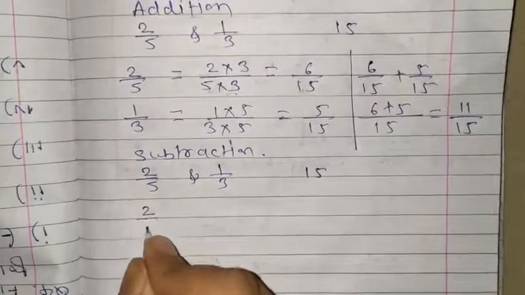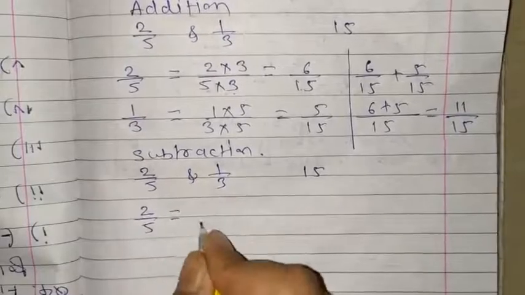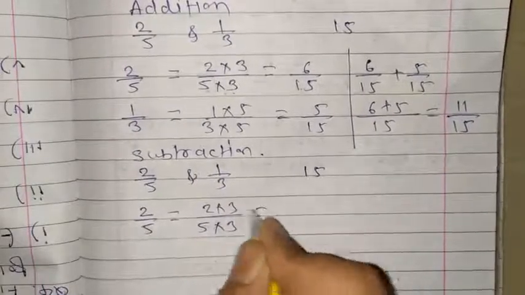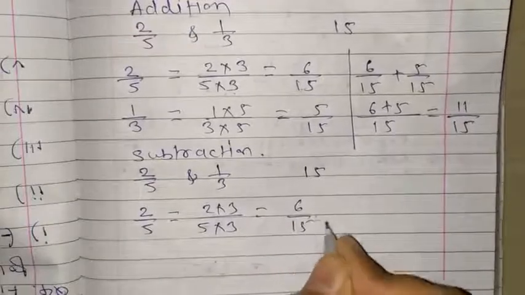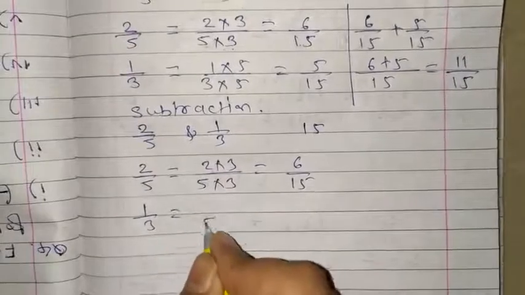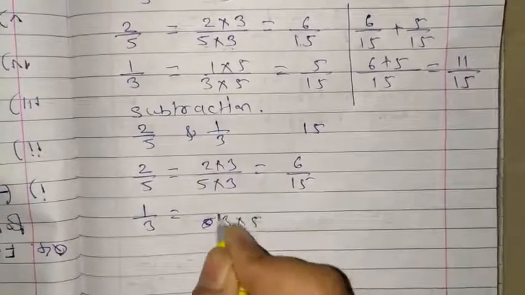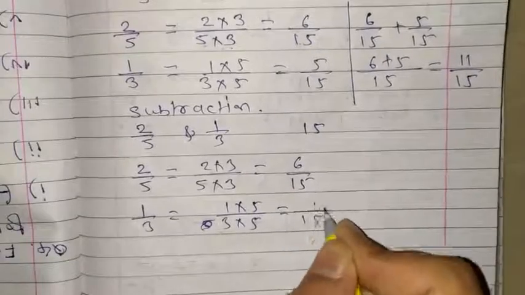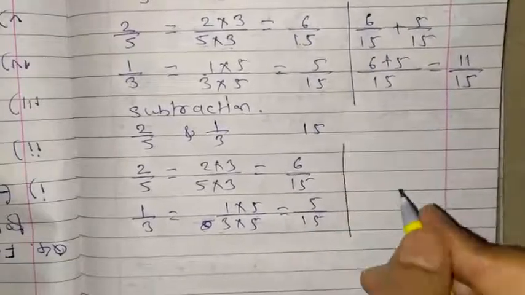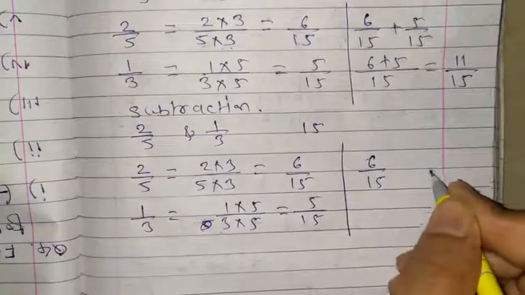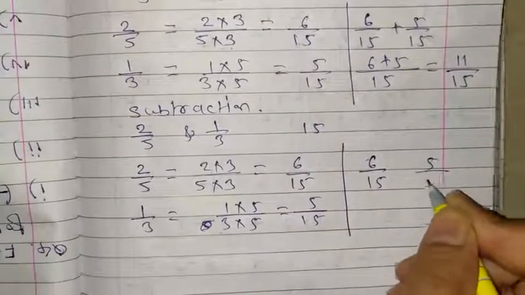We have already done this, but telling you one more time. 5 into 3 is 15 and here 2 into 3, so it is 6 by 15. Do the same for 1 upon 3. It is 3 into 5, and on the other side 1 into 5. 3 into 5 is 15, 1 into 5 is 5. Finally, we got their denominators the same: 6 by 15 and the second number 5 by 15.